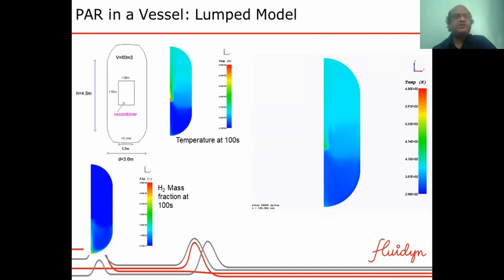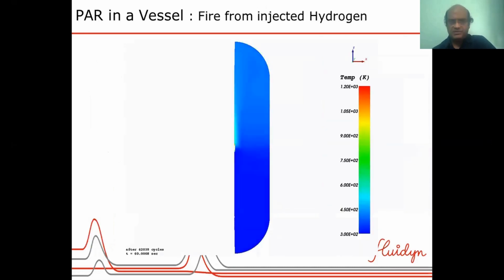This is with one design, and with another design, you can see that it can actually lead to burning of the incoming hydrogen jet. See, the recombiner is in the middle, but now we can see that its operation actually caused the ignition of the hydrogen jet coming from the bottom and causing a fire.